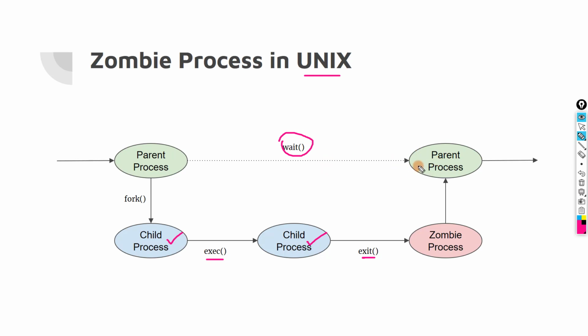If the parent process doesn't call the wait system call, then it will not be able to know that the child process has completed its execution.